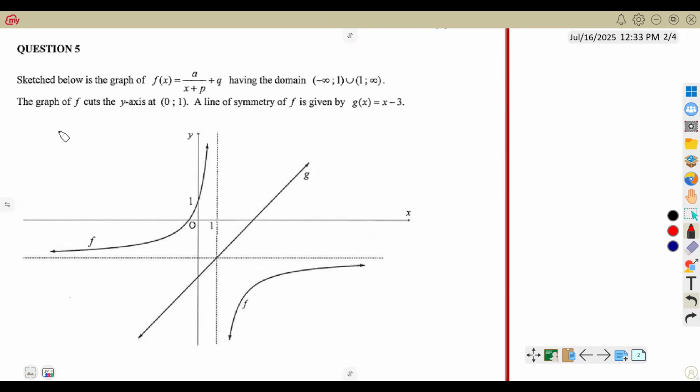Good afternoon. Today we are going to be doing the questions which we're doing on day 2. This is day 2, winter classes.